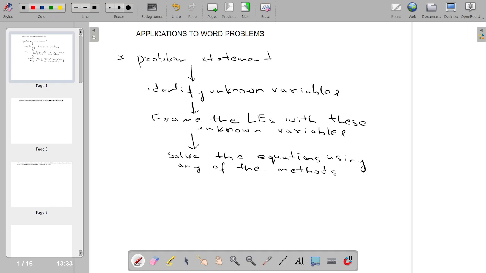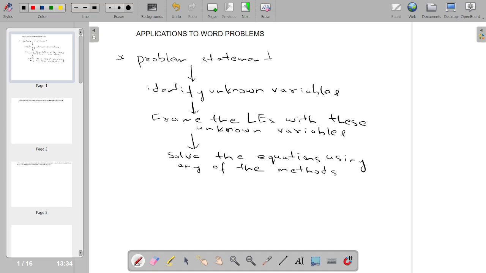You have to understand the problem statement carefully, and we have to take the problem statement step by step. We should not read the whole problem statement at once. So read it carefully, find the unknown variables, frame the linear equations consisting of the unknown variables, and solve these equations so that we arrive at the solution. This is all about word problems.